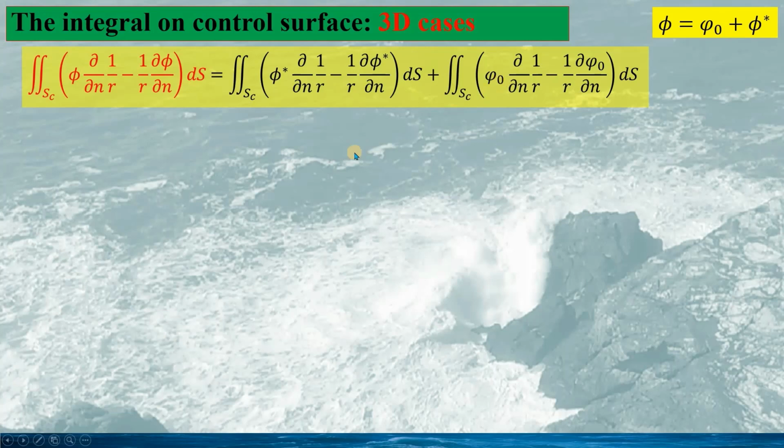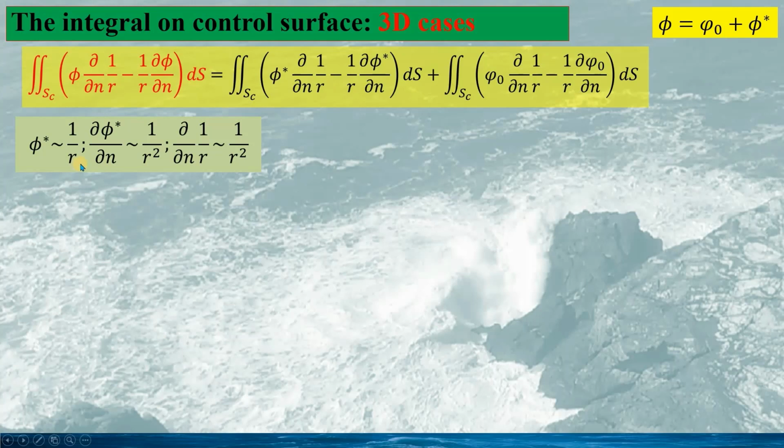Since in 3D, the potential due to the distribution on the structure would be roughly proportional to 1 over r, its normal gradient would be roughly proportional to the inverse of r squared. This is the same for this normal differentiation.